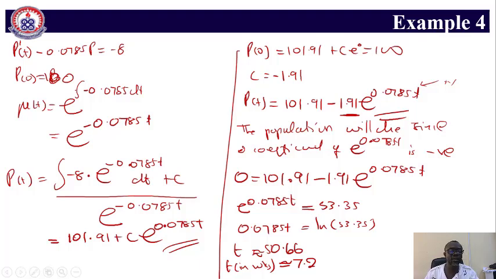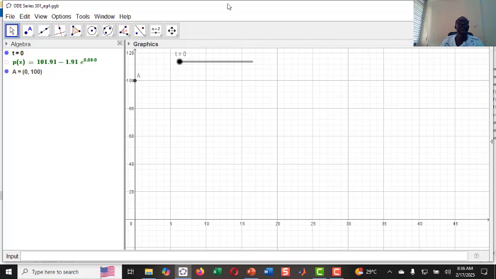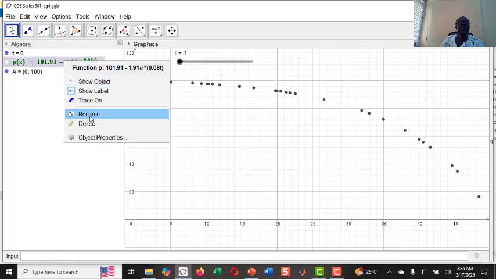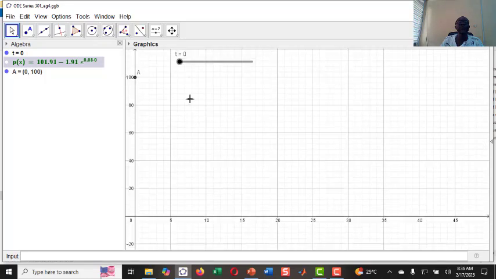Let's see how this looks in the graphical representation, how this population model is going to die out. If you look at our model, I've created a slider here, and I've given the maximum of 50.66.